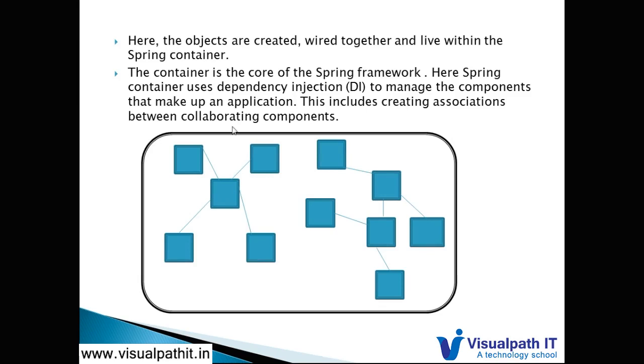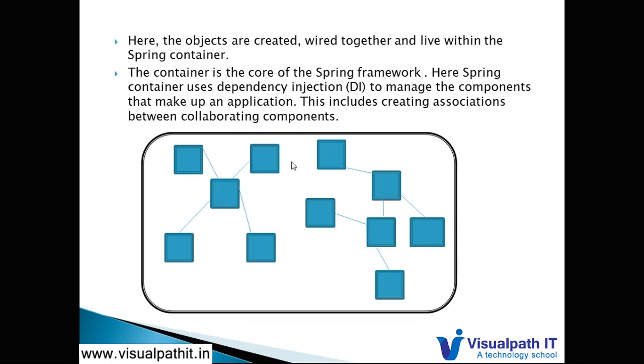So let's imagine that in diagram form. Let's imagine this is a container within which we are having these objects. The blue colored squares are the objects. These objects are created, wired together and live within the Spring container.